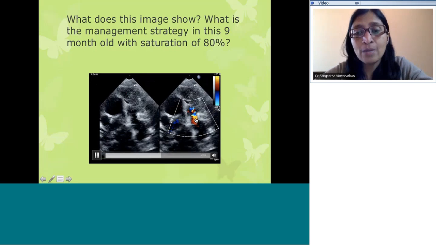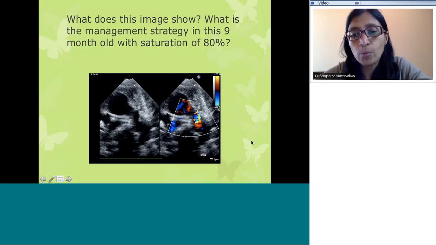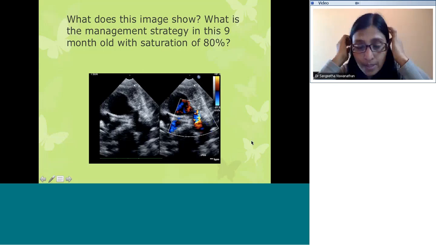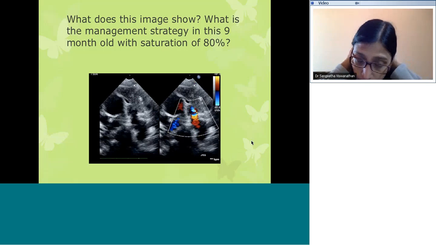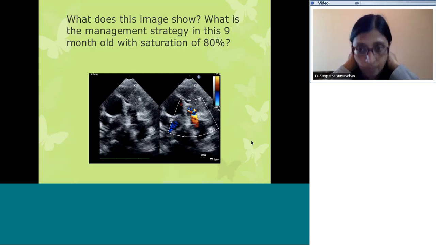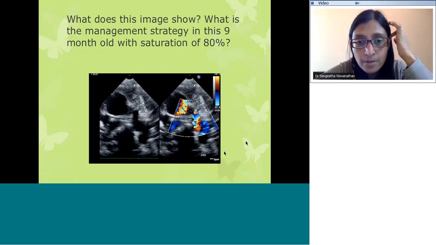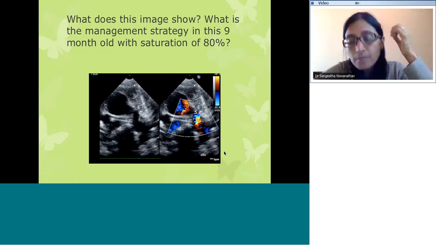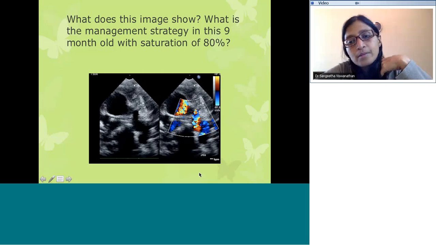Okay. So this patient is a 9-month-old and has saturations of 80%. What will your strategy be in terms of treatment? Nine-month-old with 80% saturations with a PDA. Yeah.